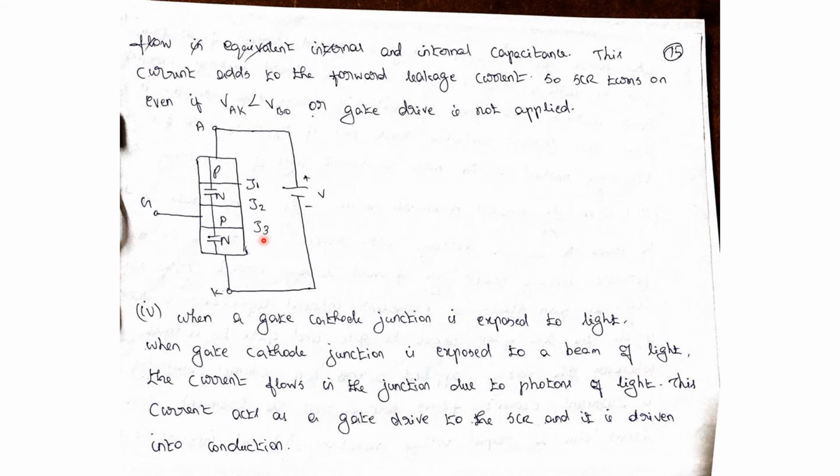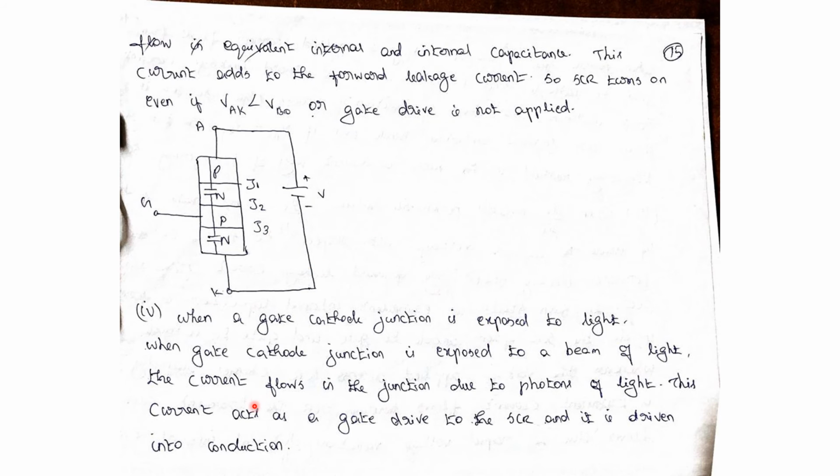This adds to the forward leakage current. So SCR will be turned on even if the VAK is less than VBO. The reason is the capacitor's stored charge adds with the forward leakage current.